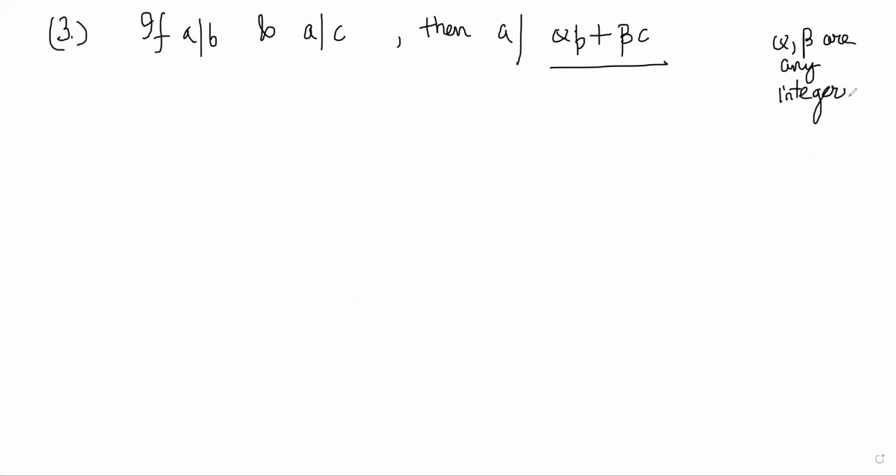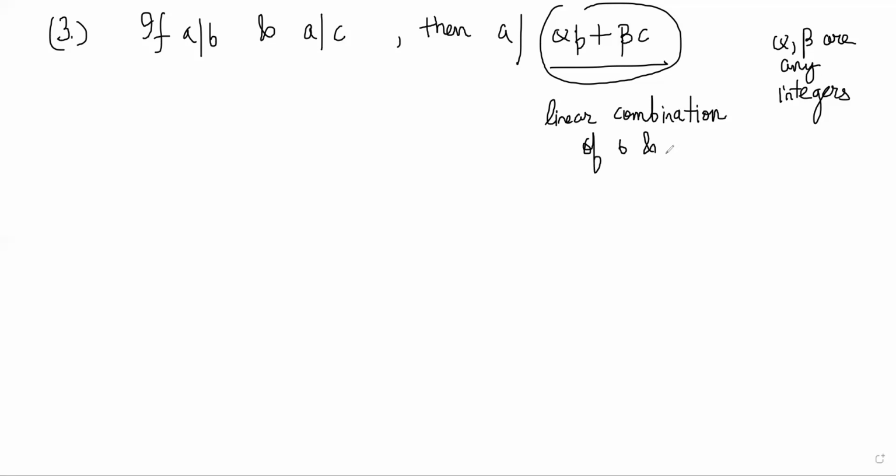What do we mean by this? It is a linear combination of b and c. A linear combination means you can combine b and c in any way with some multiples, and still a will divide that.